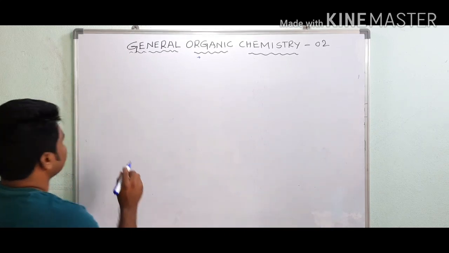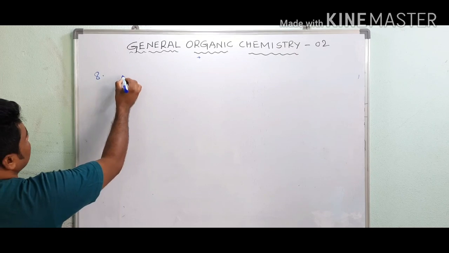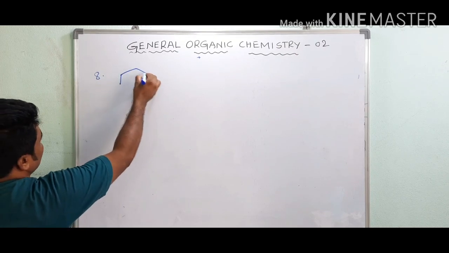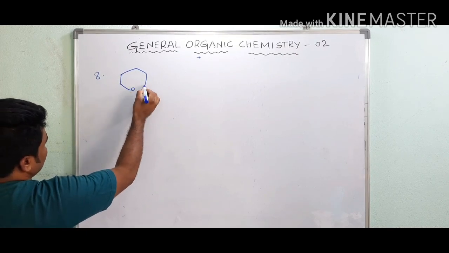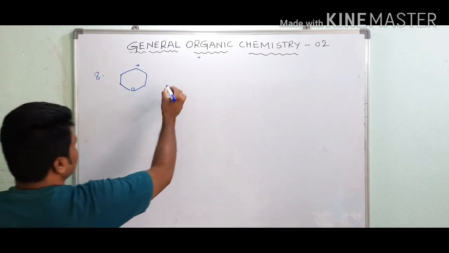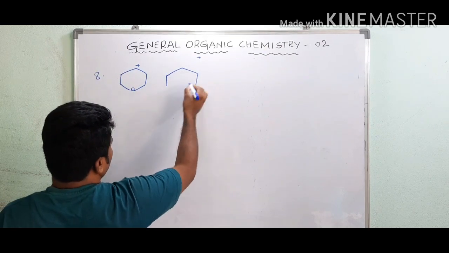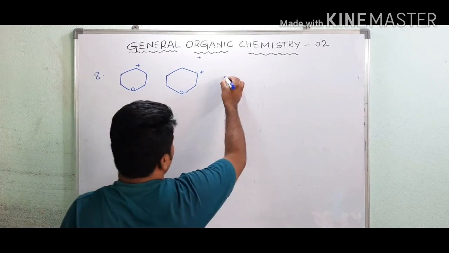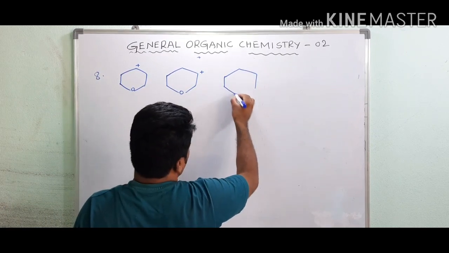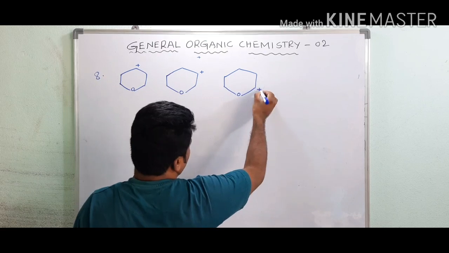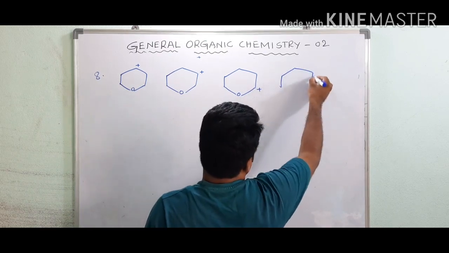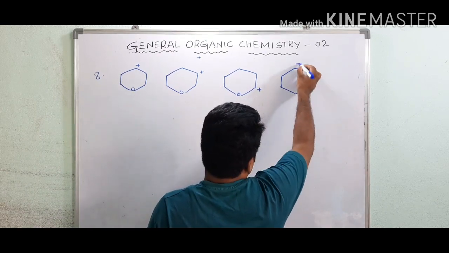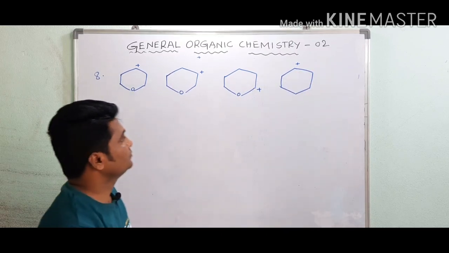Now see here, question number 8. This is one compound, this is oxygen, here positive charge is there. Now one more, C positive charge. Now see here, positive charge. Now here C, okay.